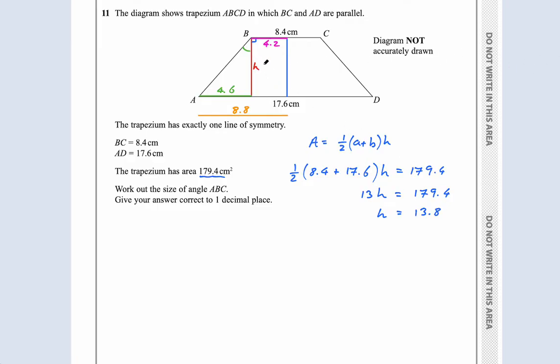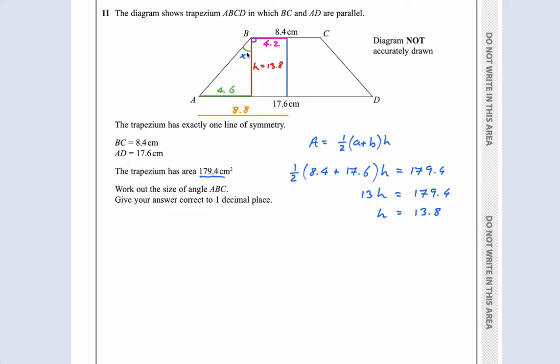But look, I now have this right angle triangle with two sides. I can use trigonometry. So if this is my angle, let's call it x. But note, that's not the angle that I'm looking for. The angle I'm looking for is ABC, which will be x plus 90.